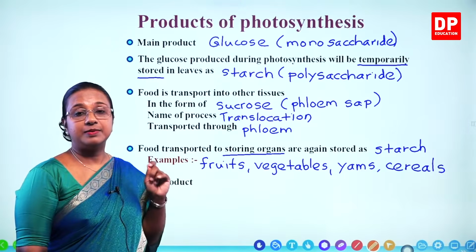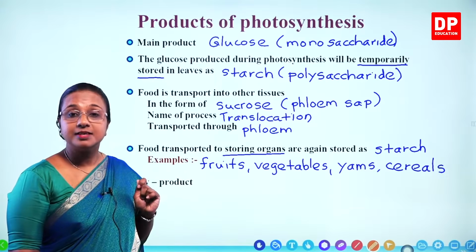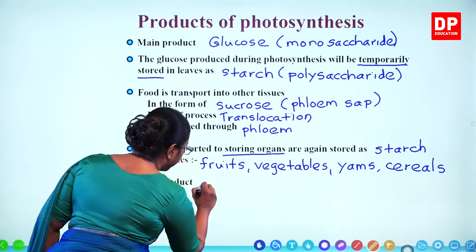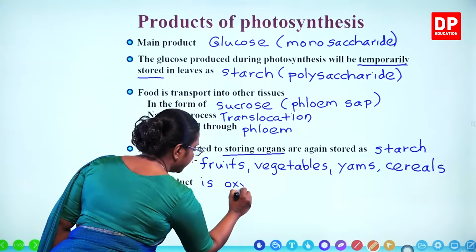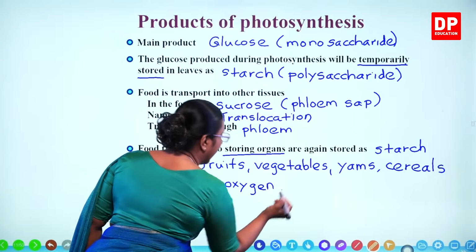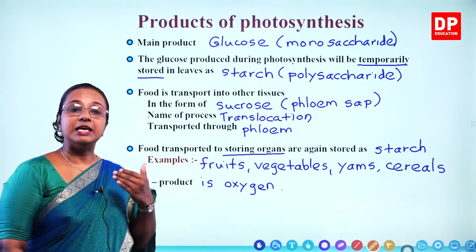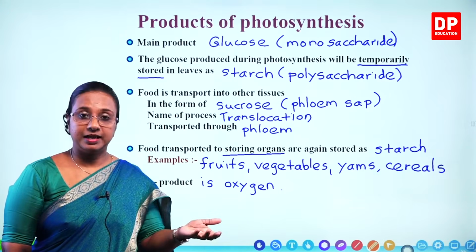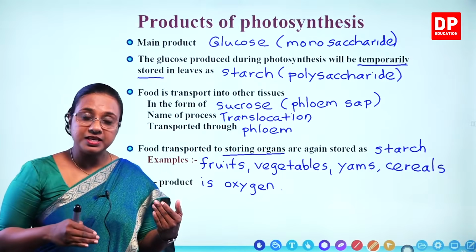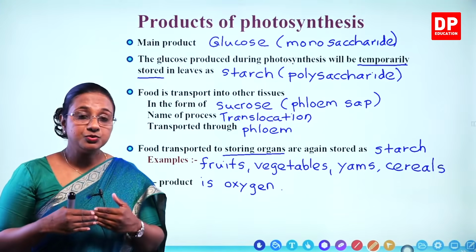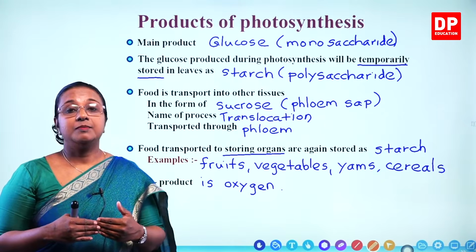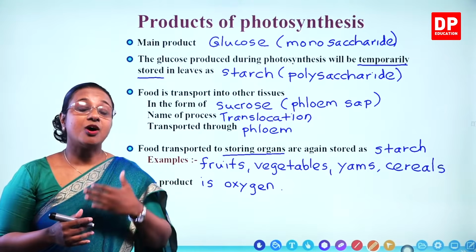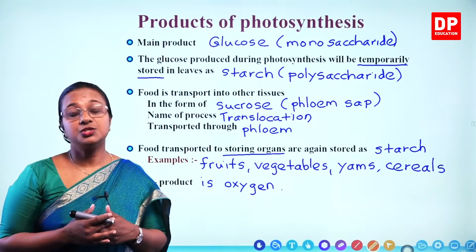In addition to that, we discussed that oxygen is produced. And here that is the byproduct. So byproduct is oxygen. And this oxygen will be evolved into the atmosphere through the stomata again. So carbon dioxide comes in through the stomata. It is used up by the plant leaf during photosynthesis. Oxygen is produced and oxygen is given out through the stomata.